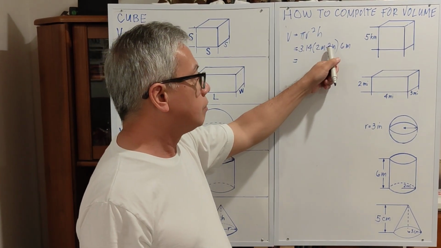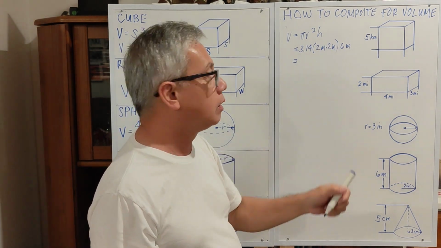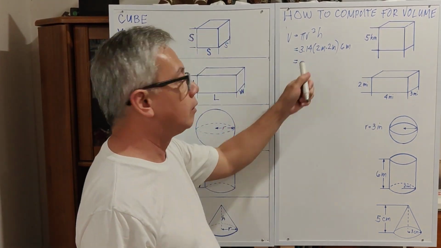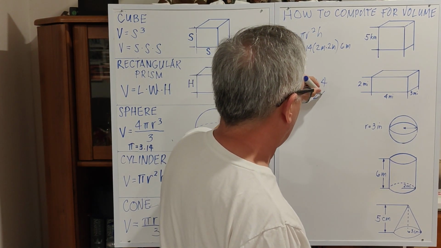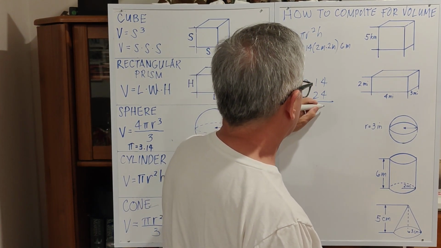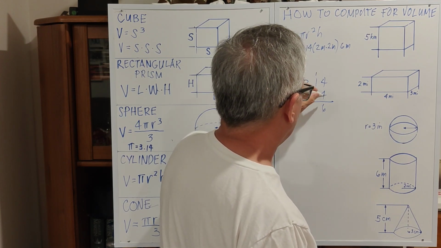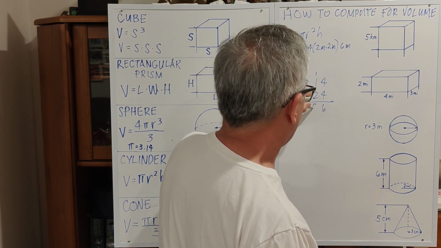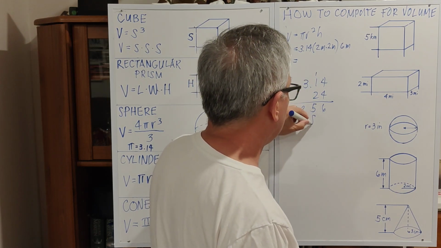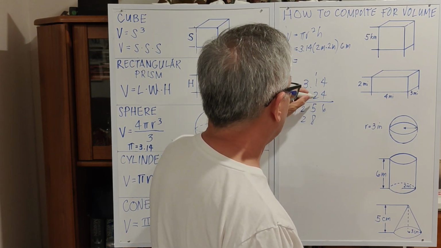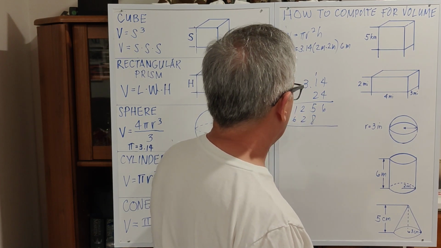2 times 2 is 4 times 6 is 24. We multiply that to 3.14. 4 times 4 is 16. 4 times 1 is 4, plus 1 is 5. 4 times 3 is 12. 2 times 4 is 8. 2 times 1 is 2. 2 times 3 is 6.